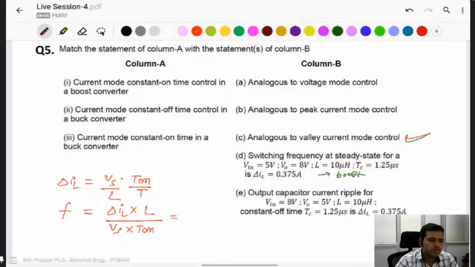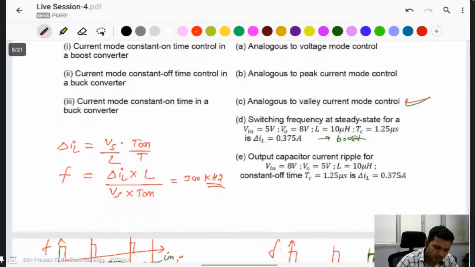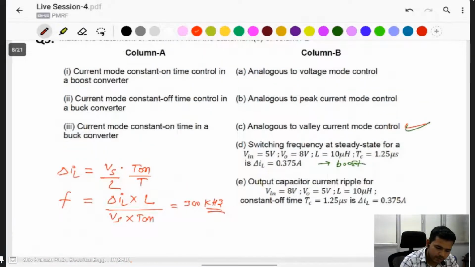If you solve this, you find the frequency approximately 300 kilohertz.